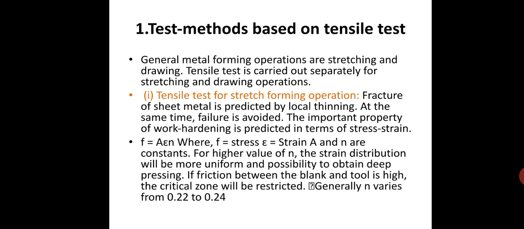Here, a higher value of mean radius rm indicates good drawability, which varies from 1 to 1.7.